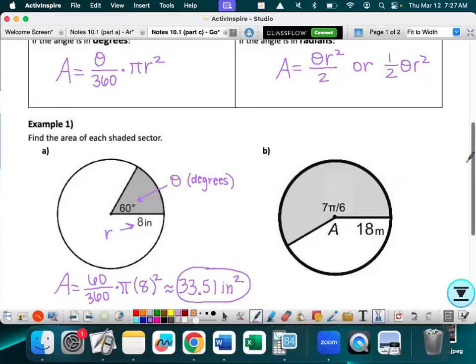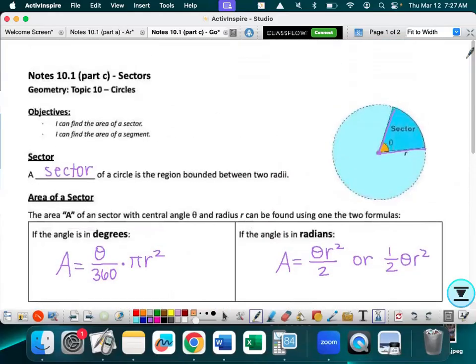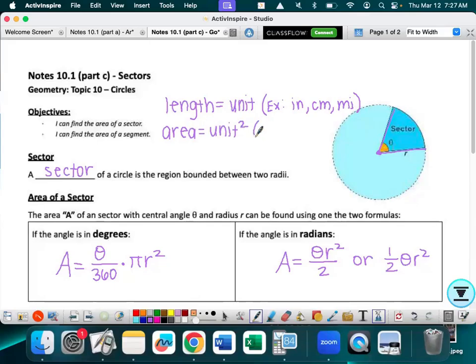So if you need to write something like that at the top of your notes: length equals unit, example, inches, centimeters, miles, stuff like that. Area equals units squared.